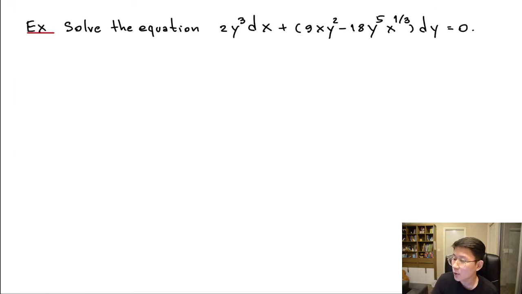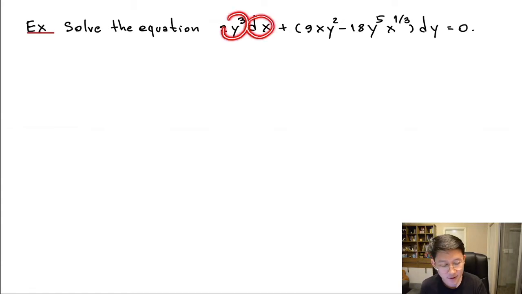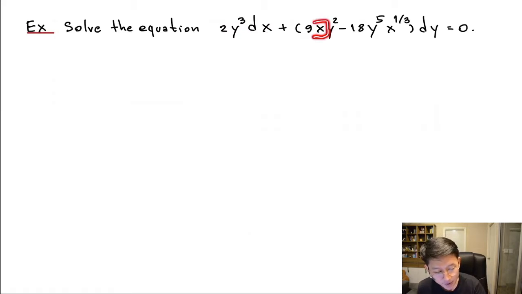So I'll do another one, which is to solve this equation. As you can see, guys, we have y and we have x here. It seems that we have 1 over x here and x to the power of 1/3.